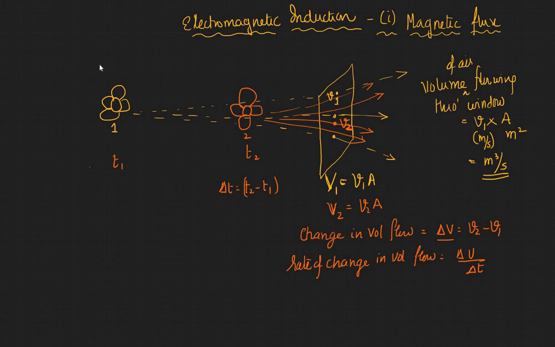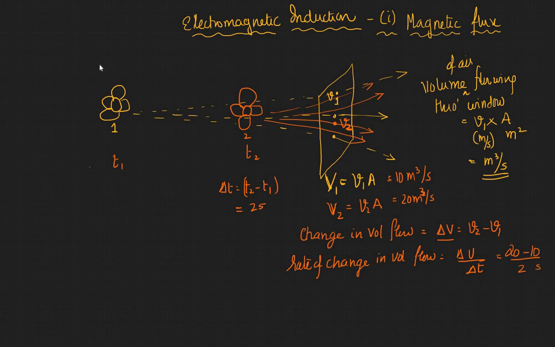Let's say at this position the volume flow was 10 meter cube per second. That's a lot of air, and here it is 20 meter cube per second, and the time taken was 2 seconds. So your rate of change of volume would be 20 minus 10 divided by delta T, which is 2 seconds.